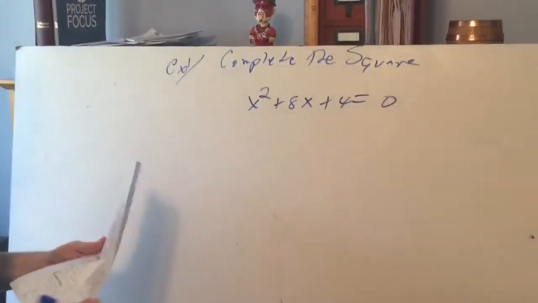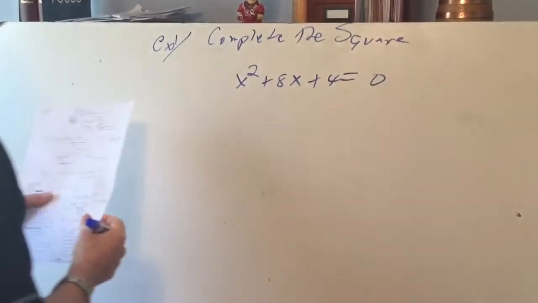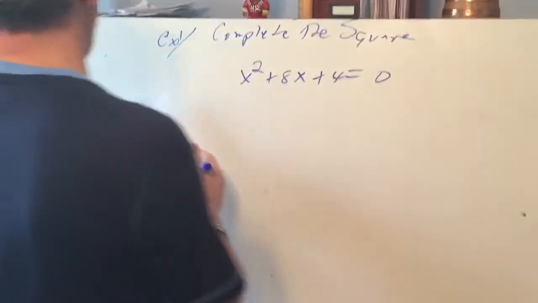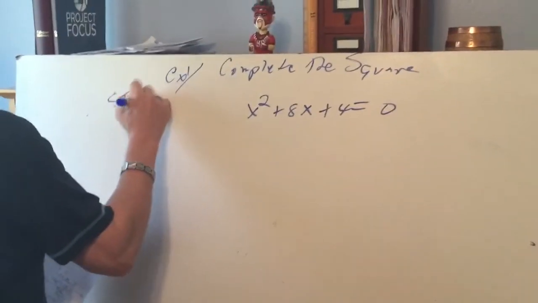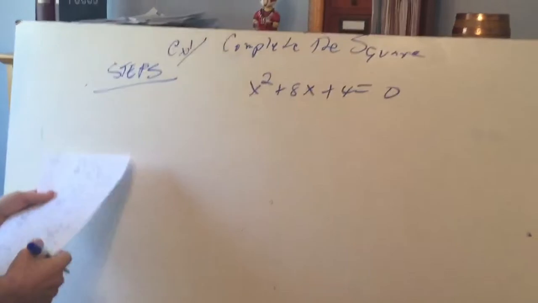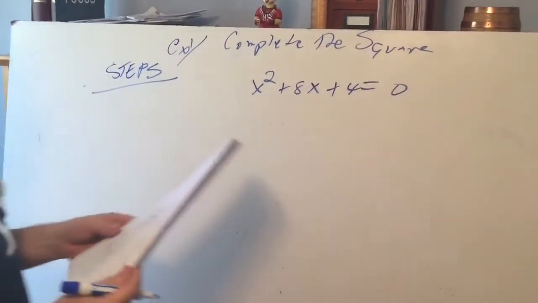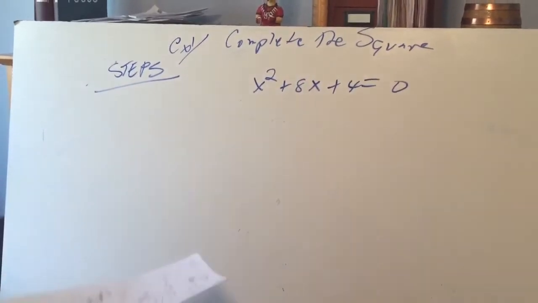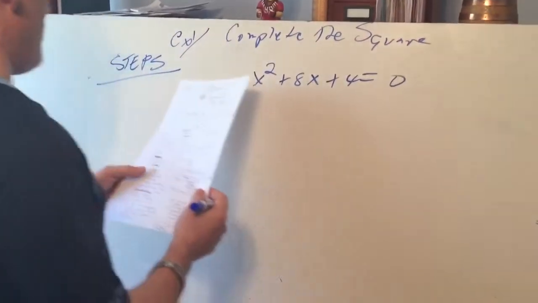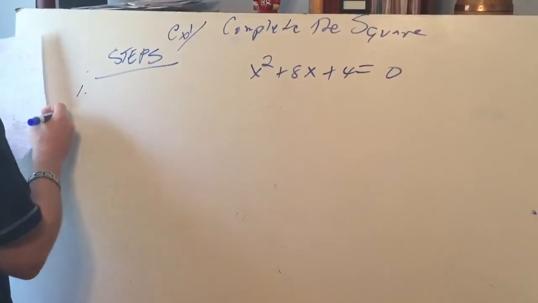Okay, here we go. So, to complete the square, you're going to have to follow multiple steps. There are 4 steps, which sucks. All right, here we go. Okay, so step number 1.